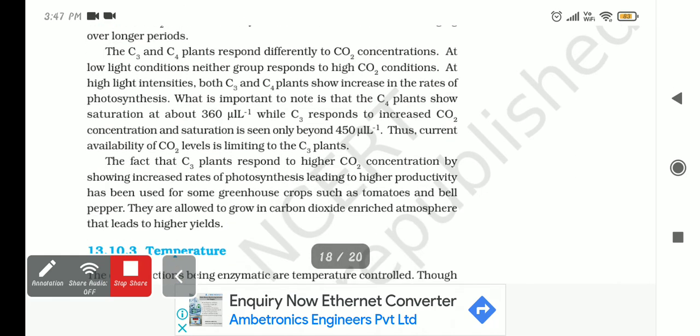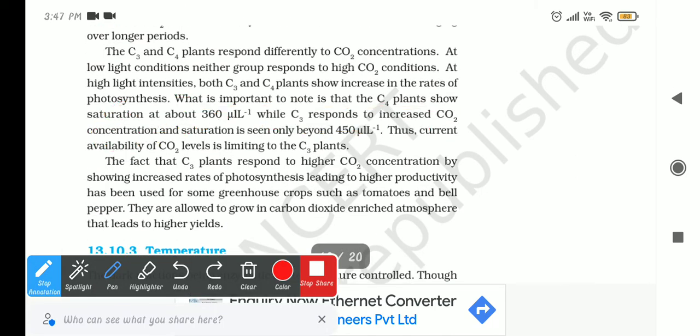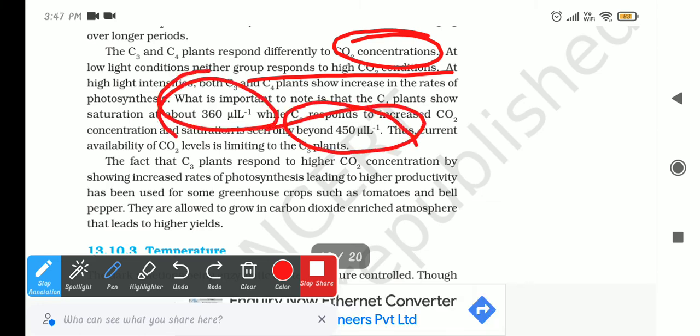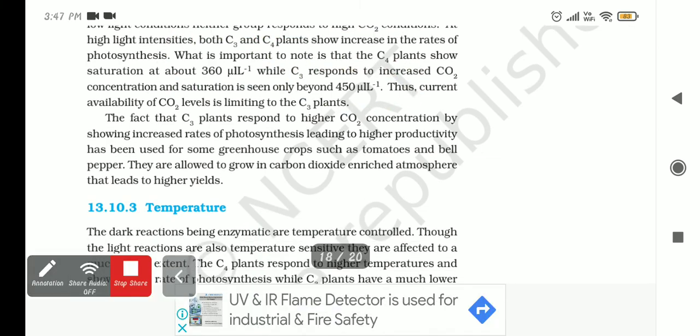C3 and C4 plants respond differently to CO2 concentration. At low light conditions, neither group responds to high CO2 conditions. There are some values given, you can read them from the book.